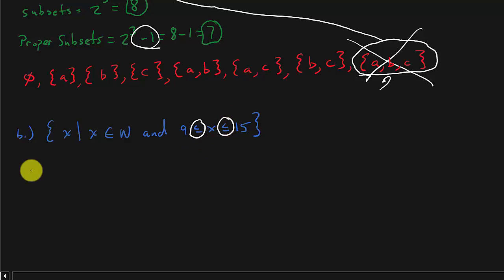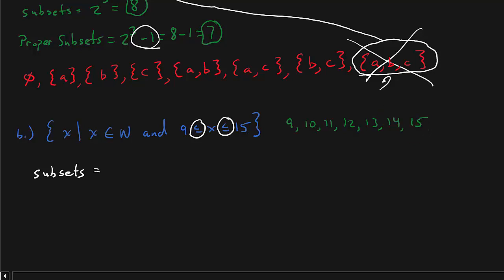All right, so the number of subsets. Well, how many elements are there? Well, let's see, we've got 9, 10, 11, 12, 13, 14, 15. We've got 1, 2, 3, 4, 5, 6, 7 elements.